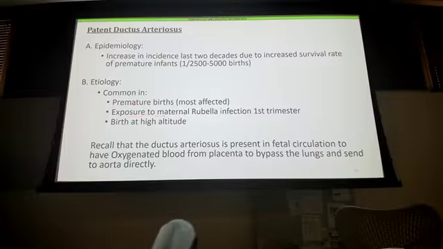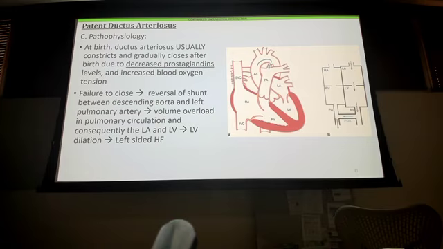And the reason for this is what normally happens after birth is usually because of that increased oxygen tension that occurs now in the lungs compared to what was in the placenta, usually that then leads to a decreasing of the prostaglandin synthesis.